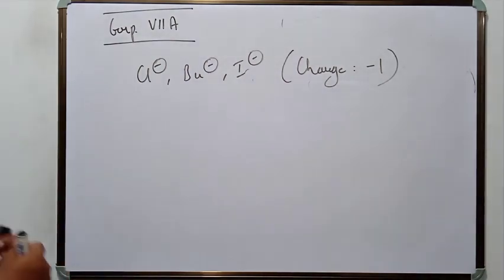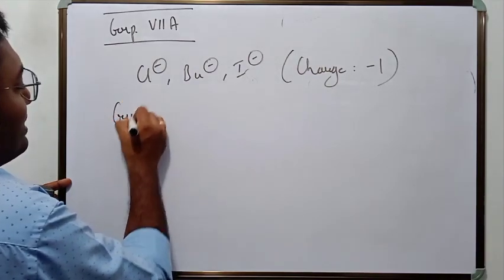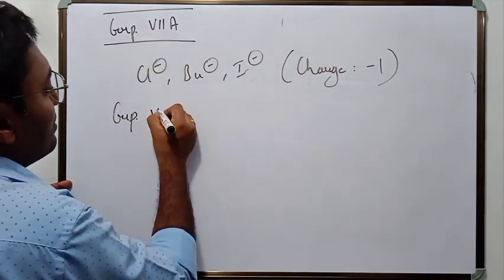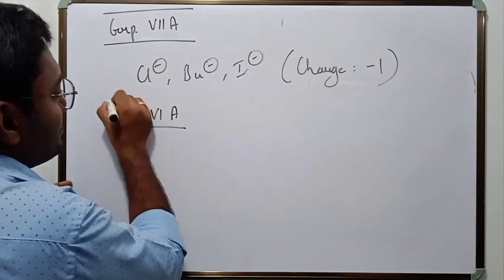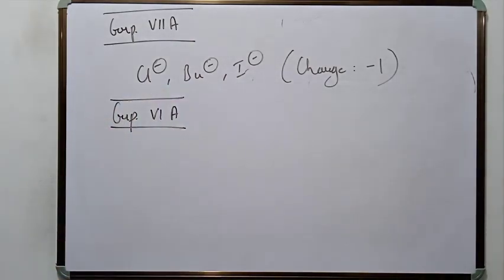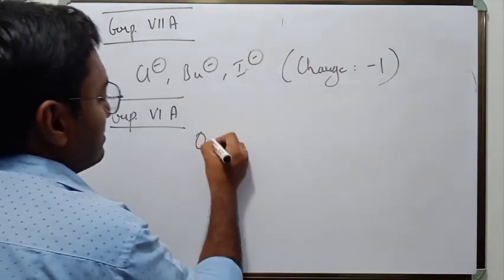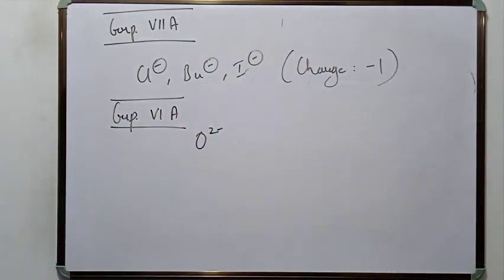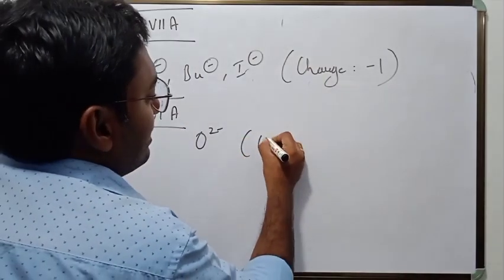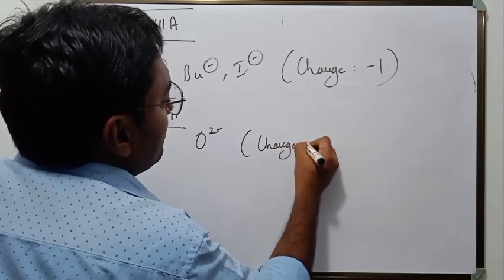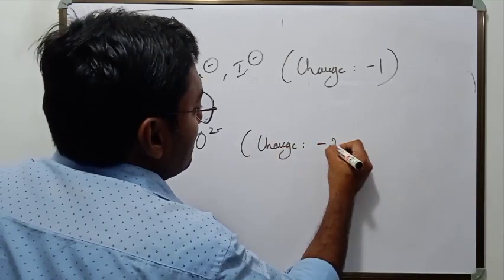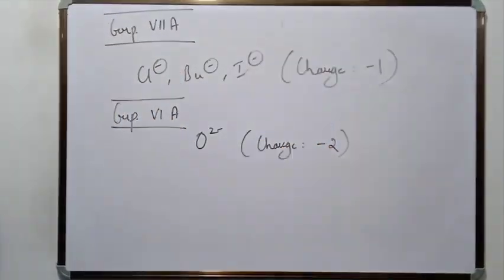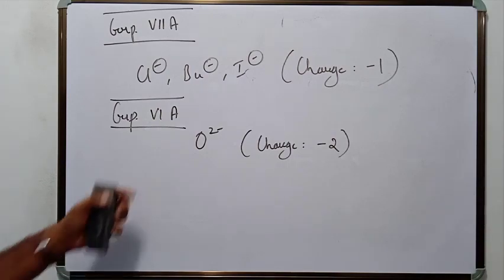That is what happens. Other examples are group 6A elements. For example, O2 minus. They achieve stability, or inert gas configuration, when their charge is -2, or when they accept 2 electrons in their outermost shell.